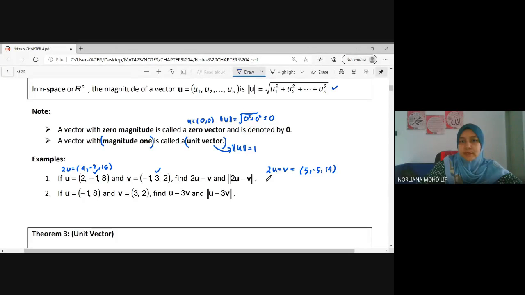And then we find the magnitude of 2u minus v.